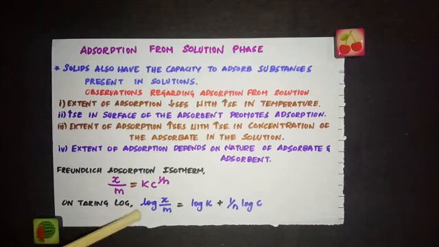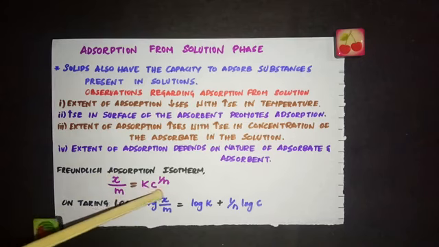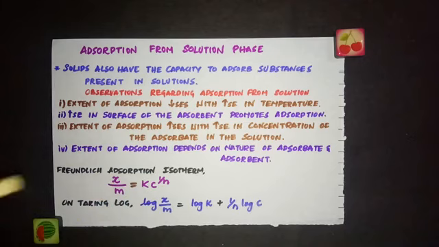On taking log, you get log x by m is equal to log k plus 1 by n log c. If you plot a graph between log x by m against log c, you get a straight line. So it is similar to the plot which we got for Freundlich adsorption isotherm in the case of gases.